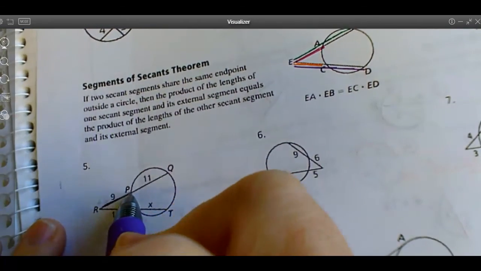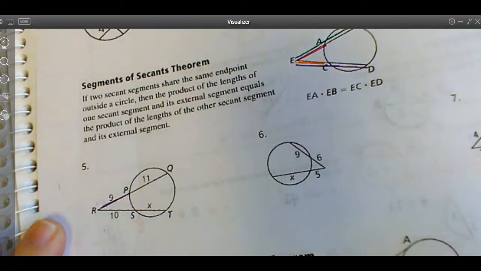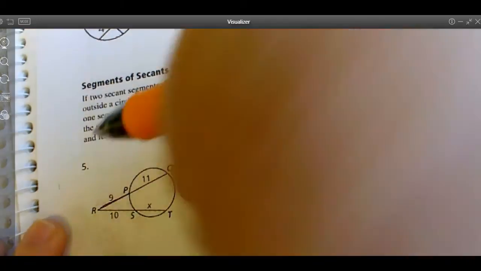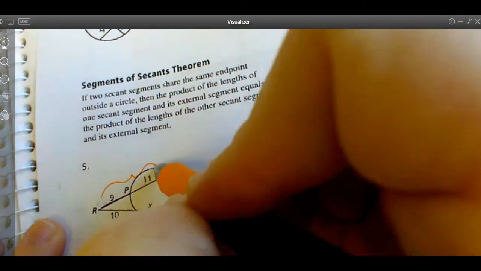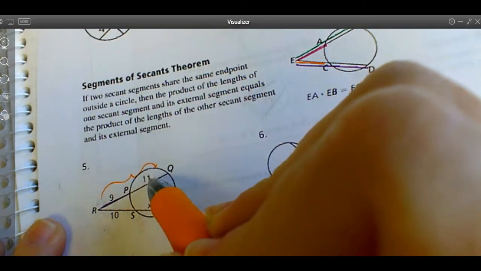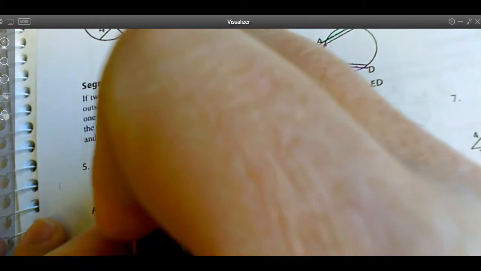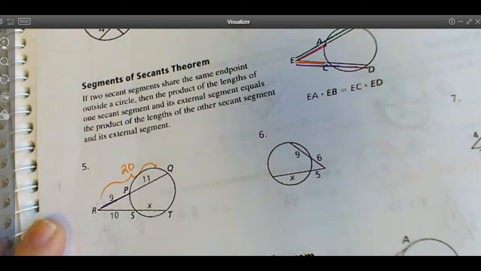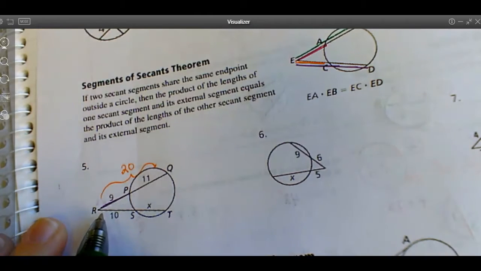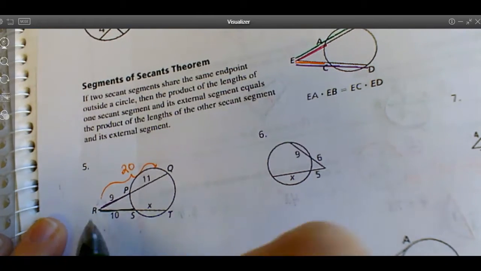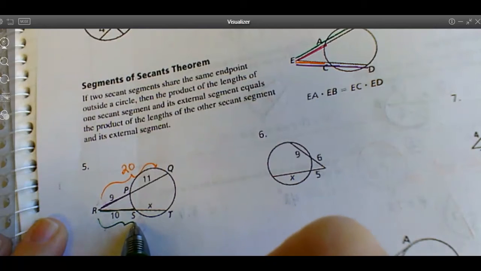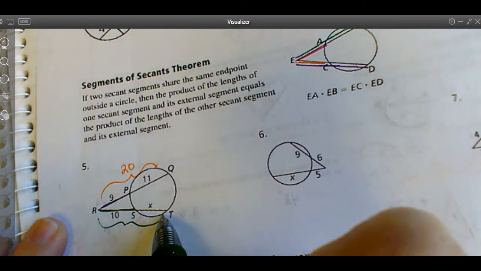So here's the part outside the circle, so I know it's going to be 9 times something. The whole side would be 9 plus 11. So the whole side is 20. Okay? We need to do the same thing over here. So here's the part outside. And let's think about the whole side.